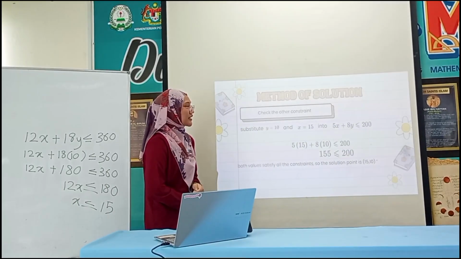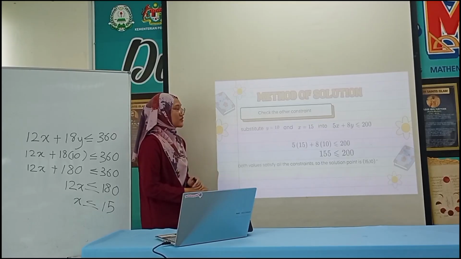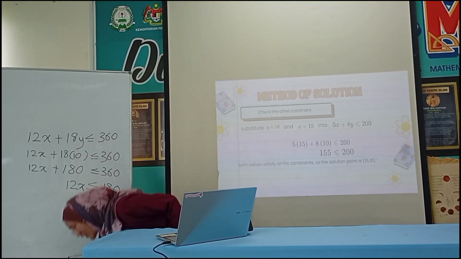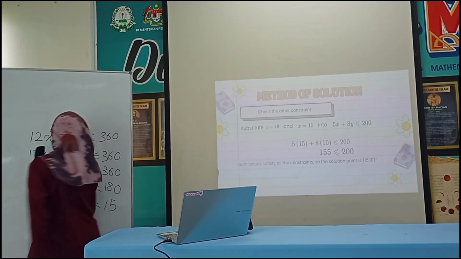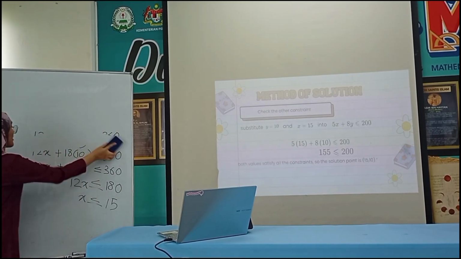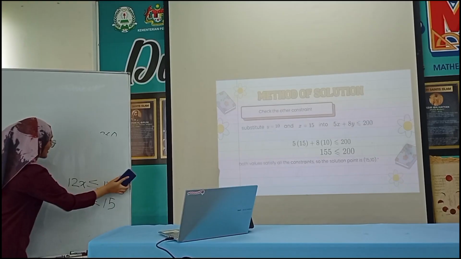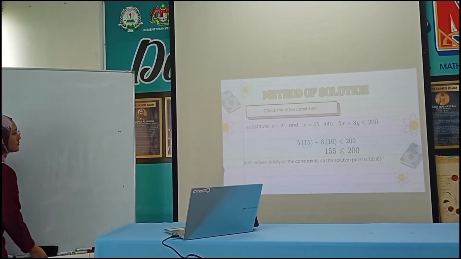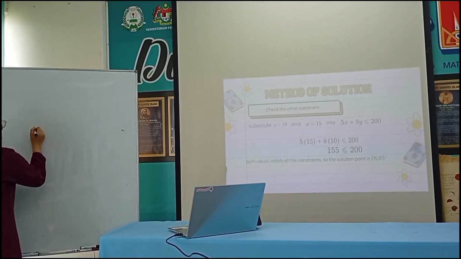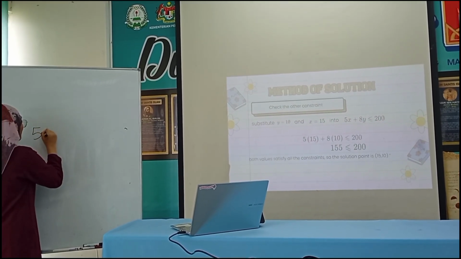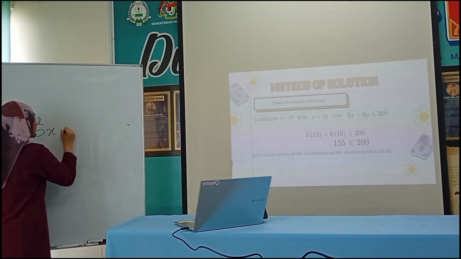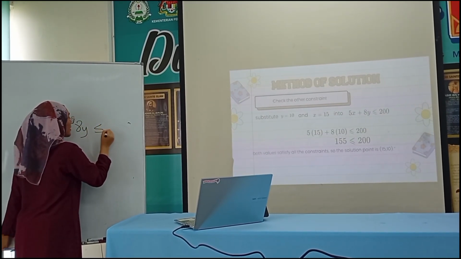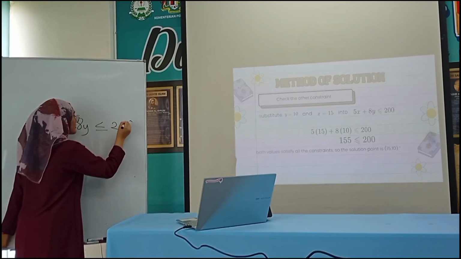Before this we used the time constraint, so this is the capital constraint. 5x plus 8y less than or equal to 200.